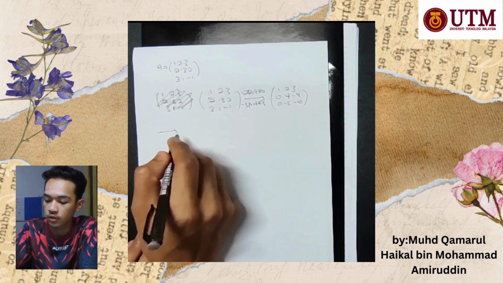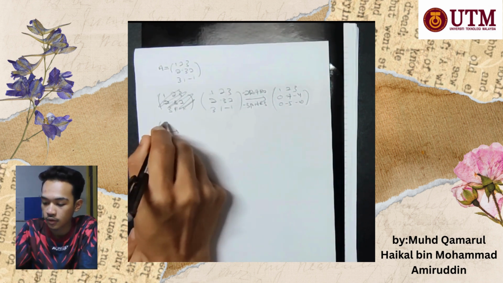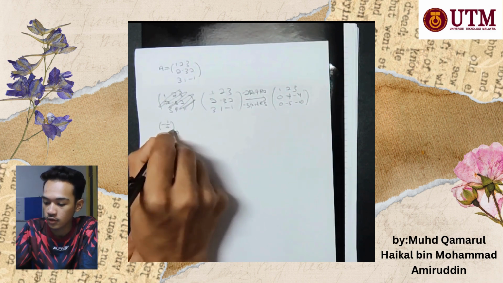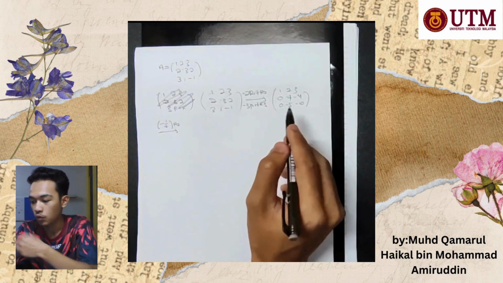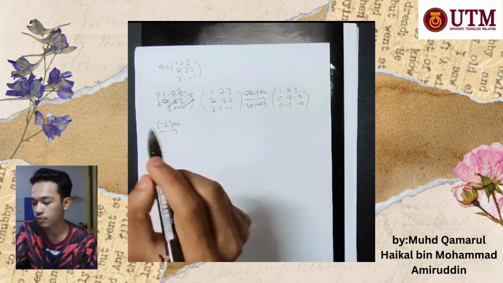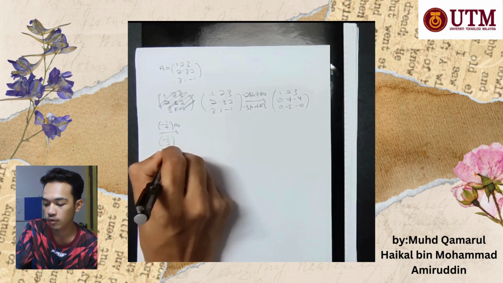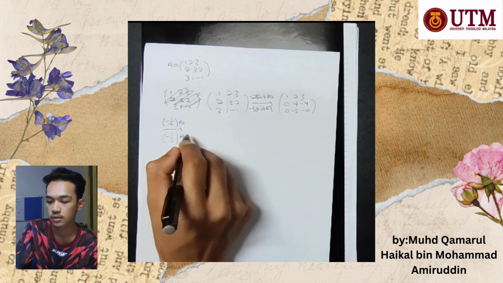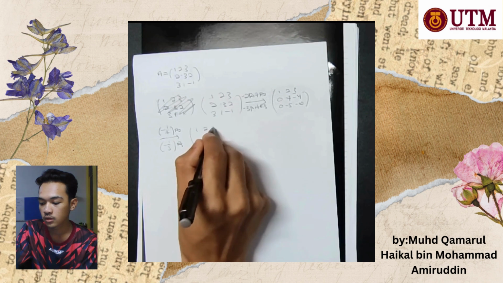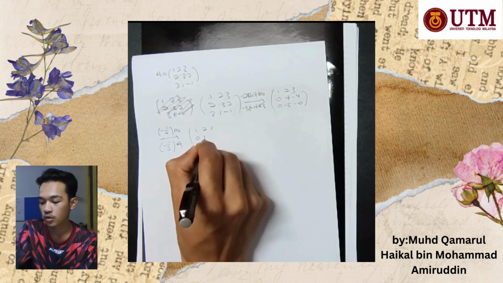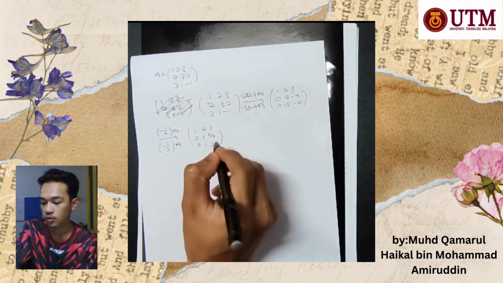So we must multiply negative 1 over 7 with R2, and we want negative 5 to become a 1, so we multiply 1 over 5 with R3. So we get 1, 2, 3, 0, 1, 4 over 7, 0, 1, 2.